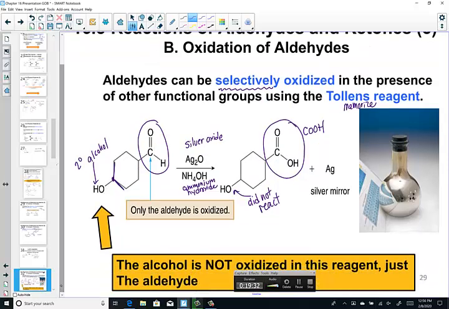If you see Tollen's reagent on the arrow, or if you see silver oxide on the arrow, do not oxidize alcohols, only aldehydes. One of the side effects here is that you can see pure silver comes out of the reaction. So you can see kind of a silver mirror, a plating of silver on whatever reaction vessel you used for your chemistry.